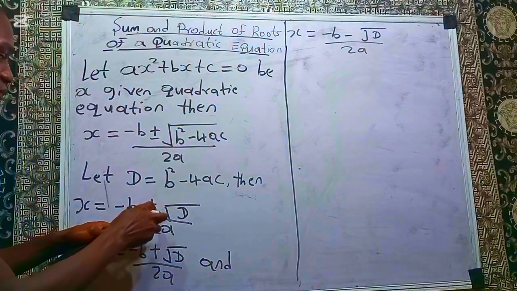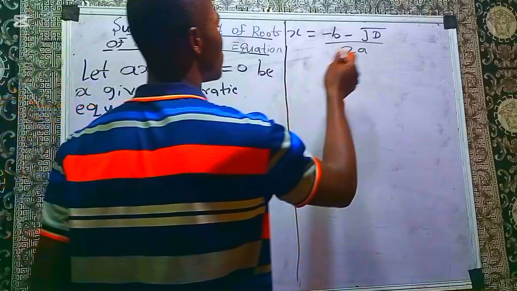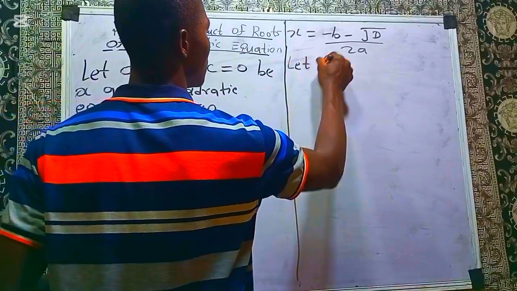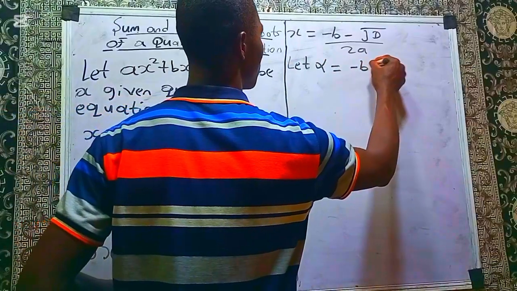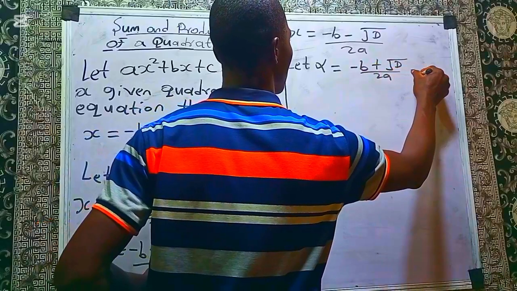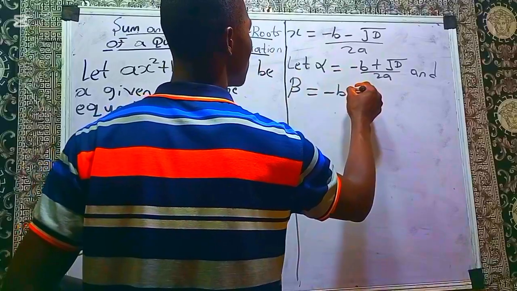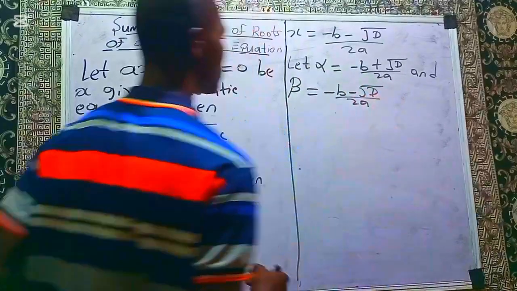I took the positive, then later I took the negative. So the first root, let me call it alpha. Let alpha be equal to negative b plus square root of d divided by 2a, and let beta be equal to negative b minus square root of d divided by 2a.